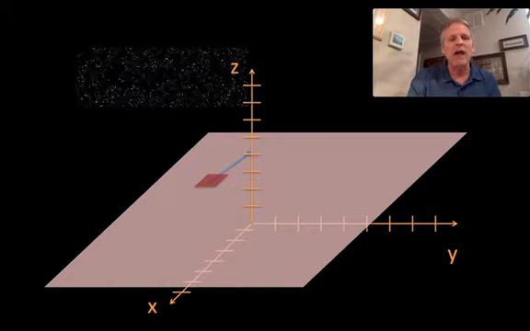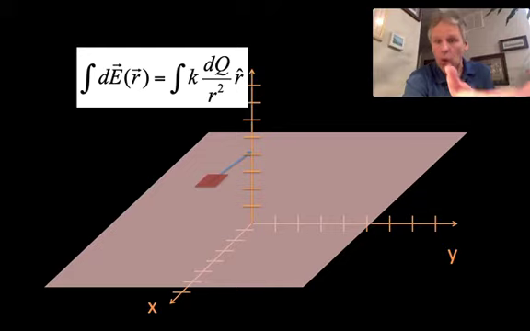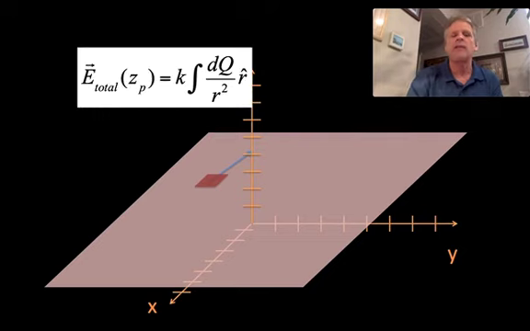Now what we want to do is get the total electric field, and we're going to do this via an integral. So E total at Z sub P, our location, is going to be equal to the integral of K dq over R squared R hat.